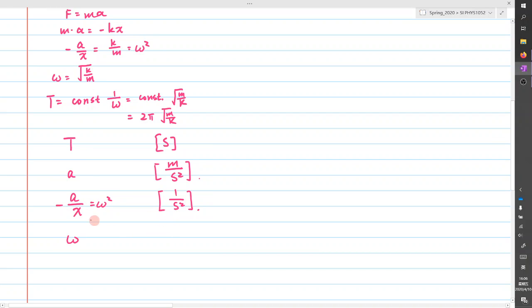Omega, which is the square root of the thing on top, has a unit of 1 over s, and 1 over omega gives us units of seconds, which is exactly what we want in terms of units for the period. So hooray, right?